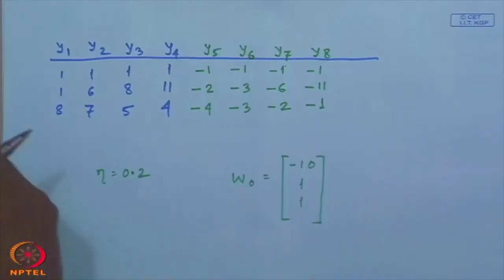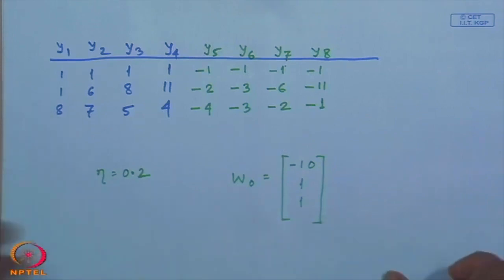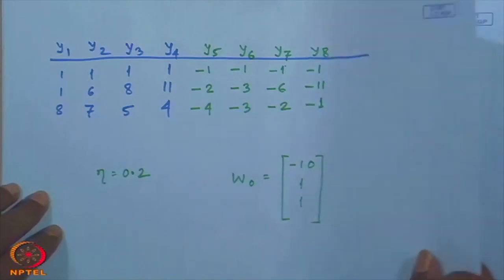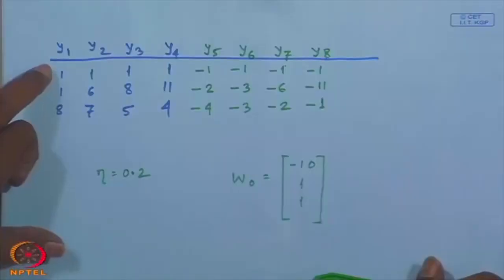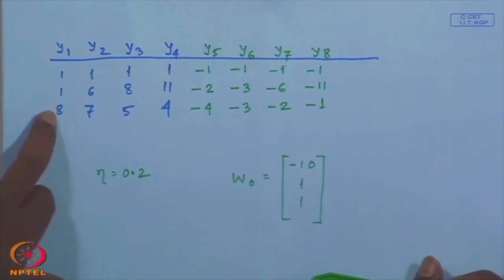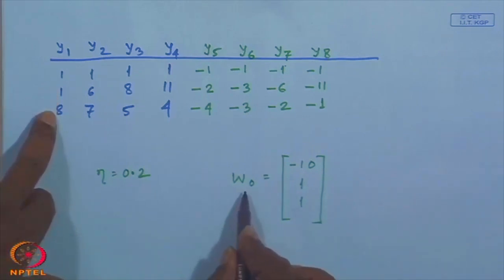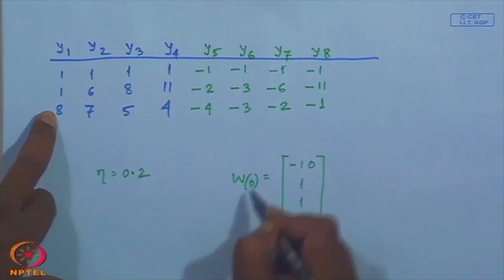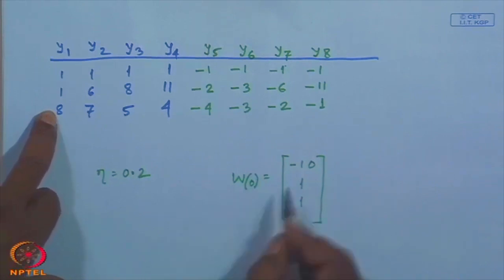So, let us see what values of W transpose y I get for different samples y. As you find, y1 has first component 1, second component 2, third component 8. Here it is W0 at the 0th iteration, that is the initial value.